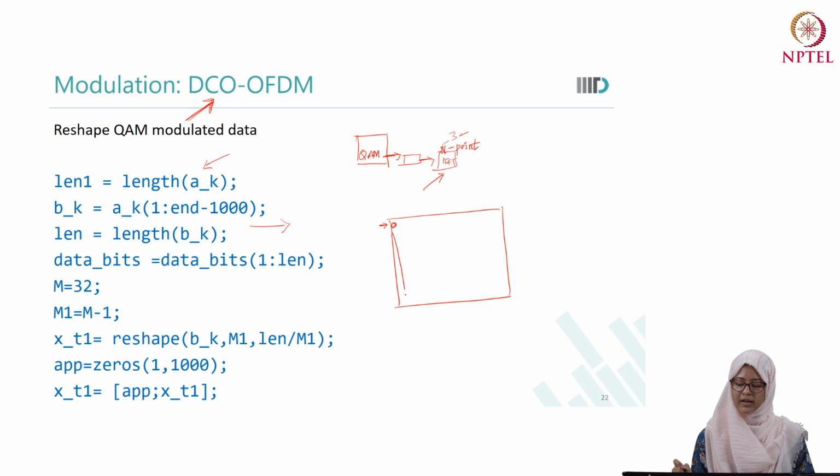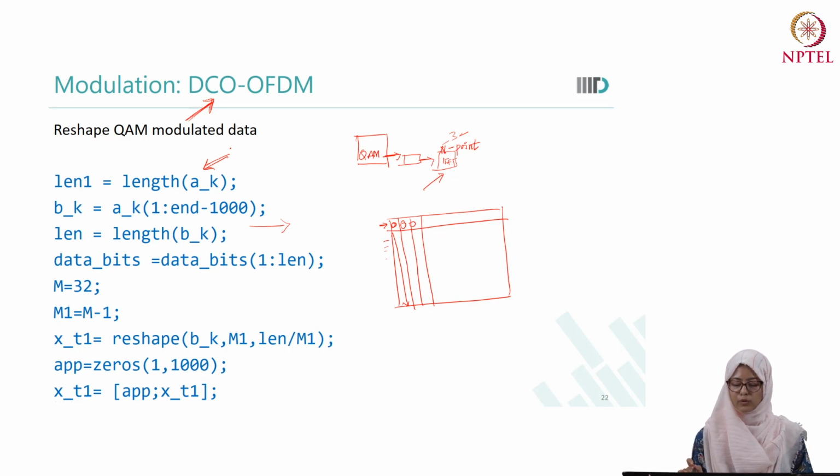After that, we will have an array of data, or rows of data. So let's say we have AK, which has some length.